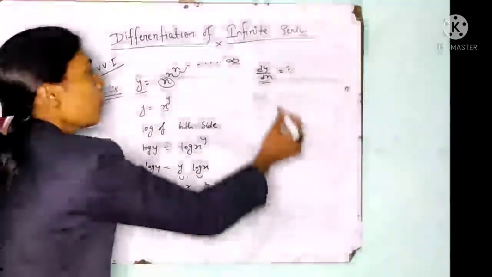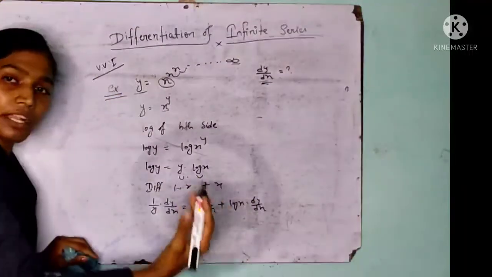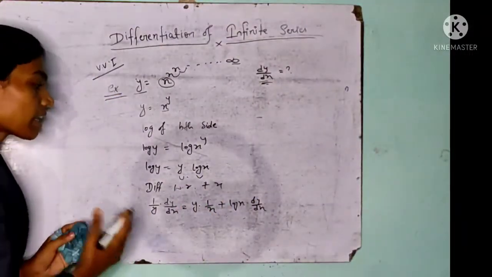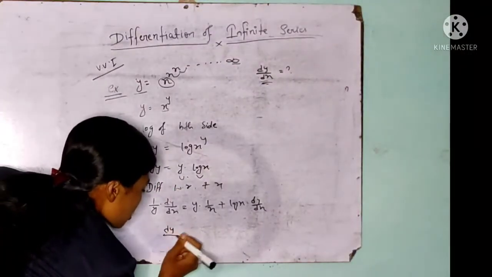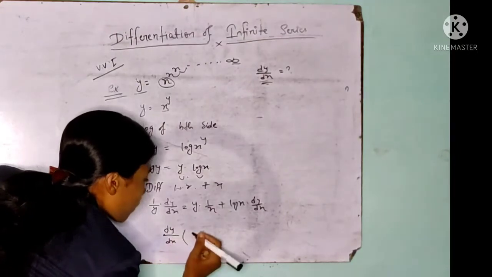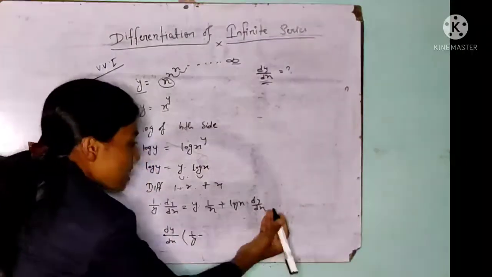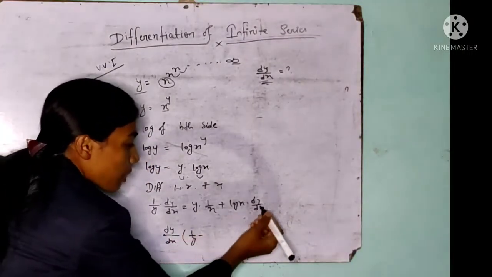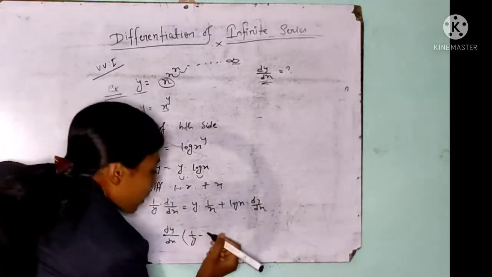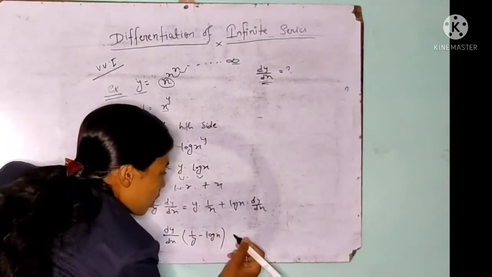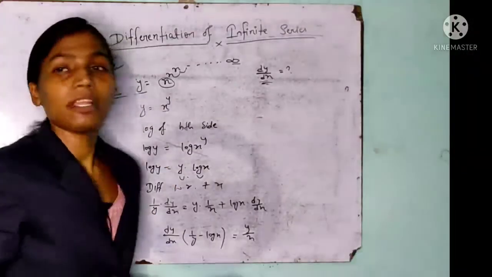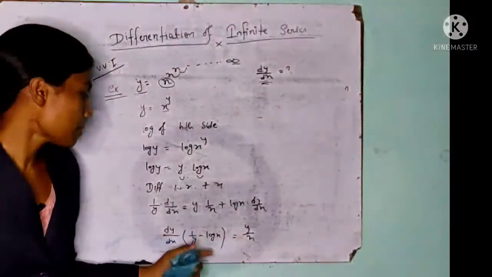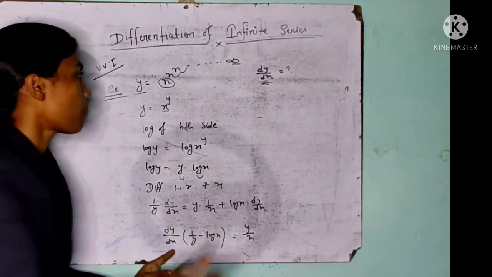Now we need to find dy by dx, so we separate dy by dx on one side and leave the remaining function on the other side. Take dy by dx common. Now 1 by y is remaining, this dy by dx comes to this side. Dy by dx is common, remaining minus log of x is equal to y by x. Now see, again we stop at dy by dx.